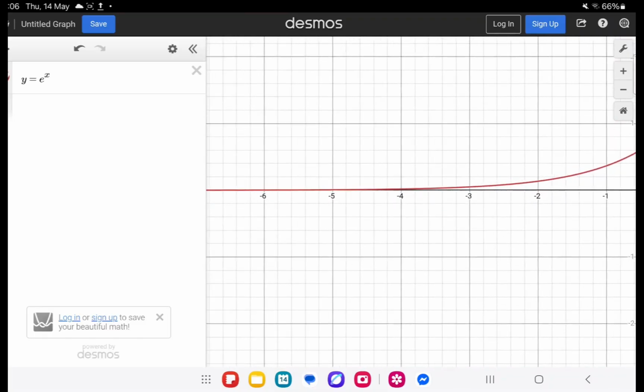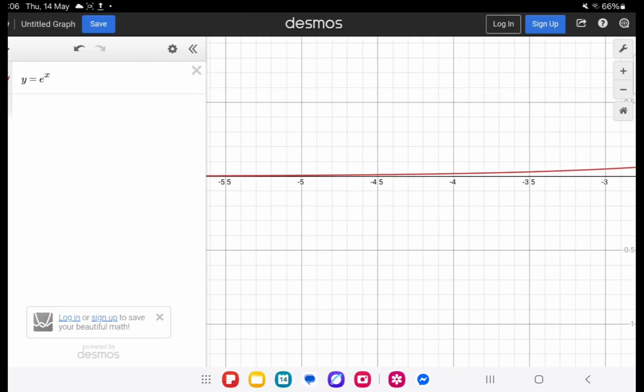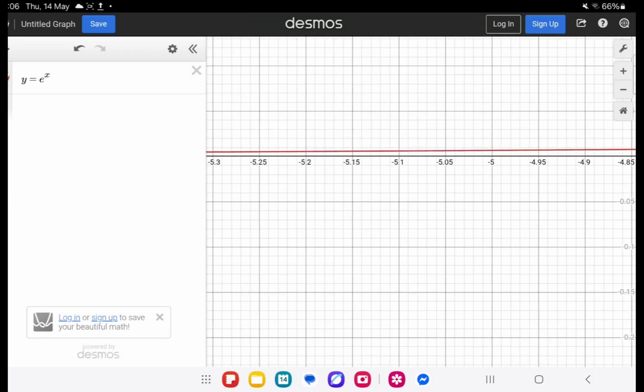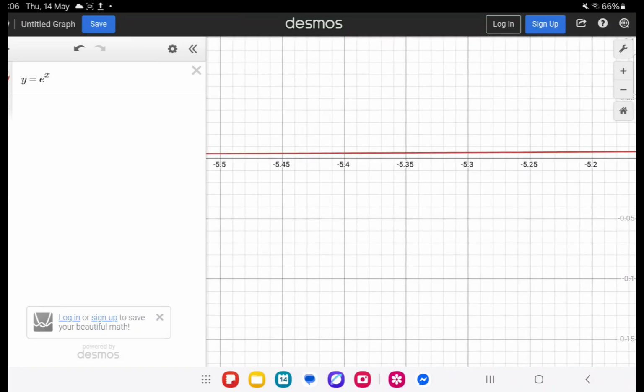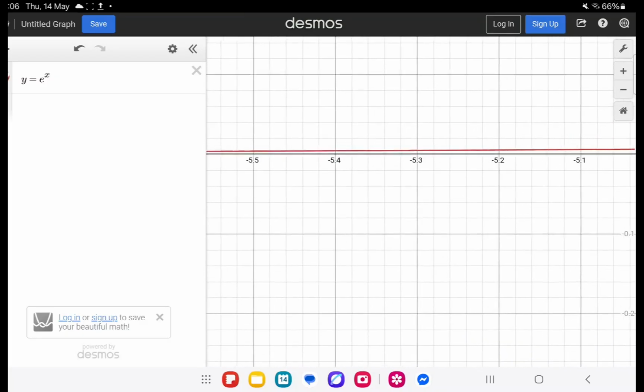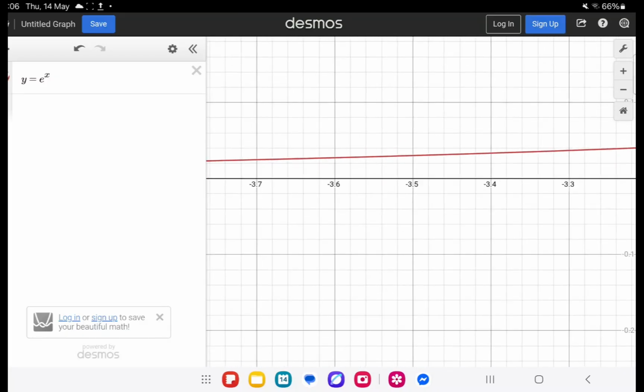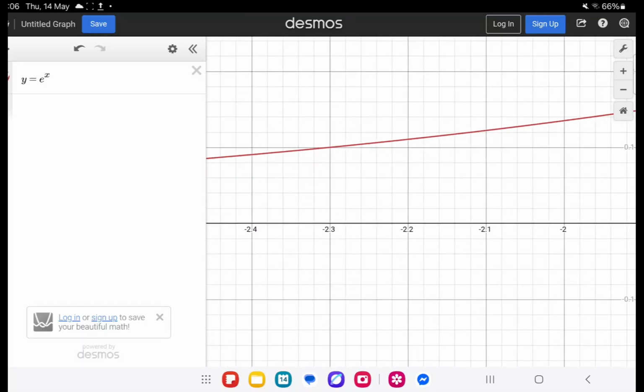It looks like it touches the x-axis, but it actually does not. It is asymptotic. It can never have a 0 value.